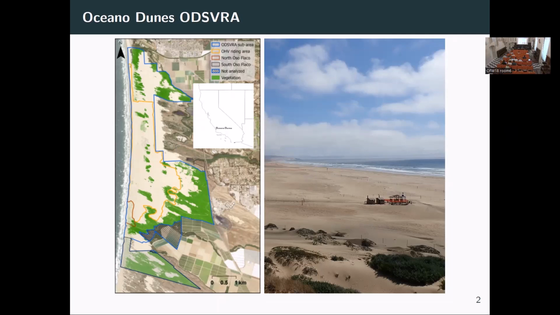This is the Oceano Dunes in San Luis Obispo County, California. To my knowledge, it is the only place in coastal California where you're allowed to drive off-road vehicles on the beach and in sand dunes.